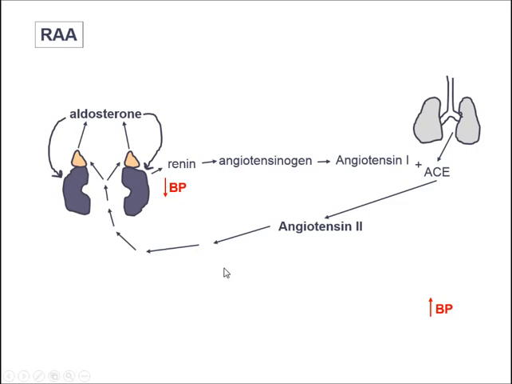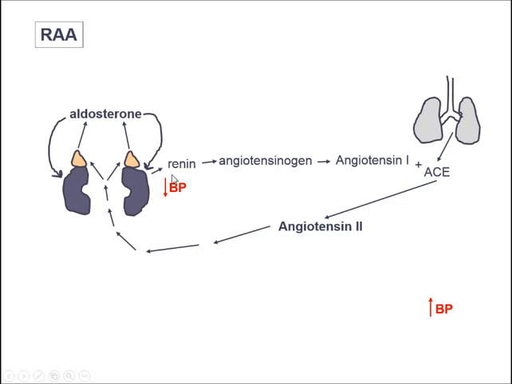Okay, so what I would suggest you do is go back through this slide and make a list. Start here with 1. The kidneys detect low blood pressure and low sodium. And then number 2, the kidneys release renin.